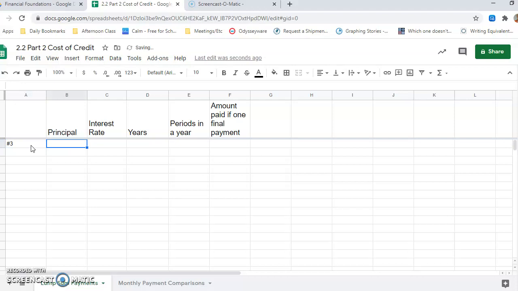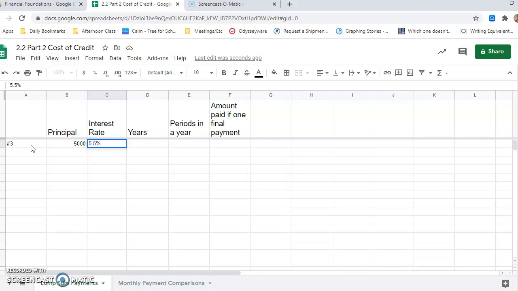The principal was $5,000. And the interest rate, you're going to love this. In a spreadsheet, you can choose to move the decimal yourself, or you can put 5.5 with a percent sign, and then it knows what to do with that. Or you could put 0.055.